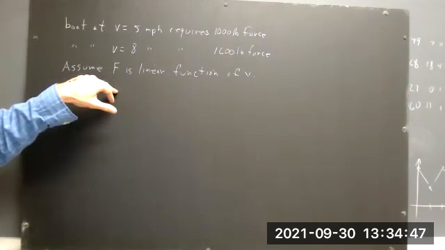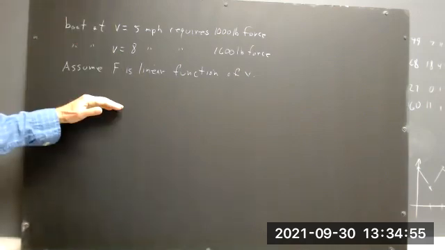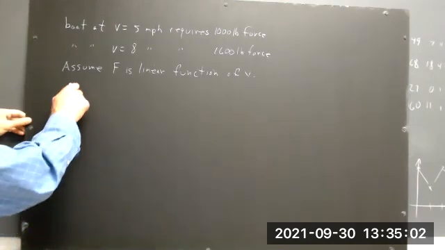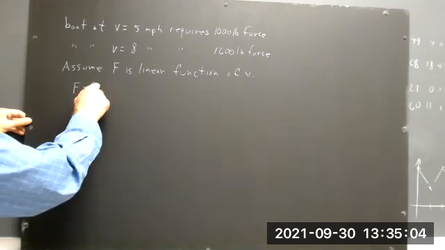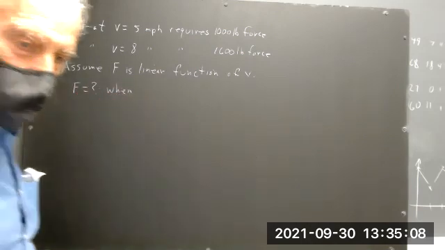I won't always take you by the hand and tell you, now graph this, now find the x-intercept, and so forth. Take your information and do the sensible thing with it to answer the question. We're trying to find the force at 20 miles an hour, right?